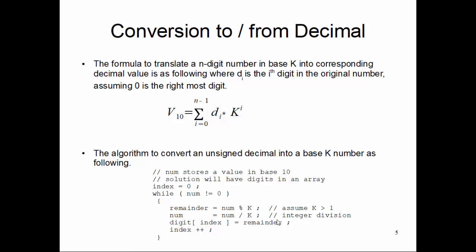And how long will you be in the repetition loop? Till your number is equal to 0. See, at this line, we are assigning the quotient of num by k into num, so that will diminish in each step, and ultimately it will result in 0.